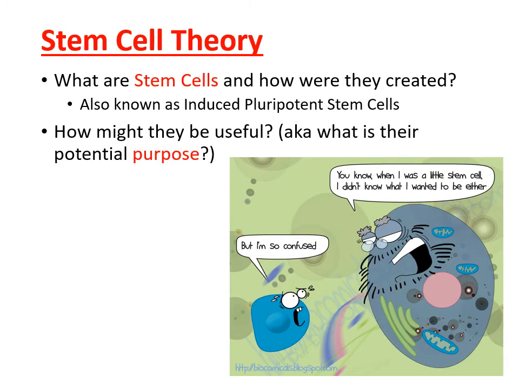Now that concept of commitment and determination and differentiating cells leads us to the idea of the stem cell theory. And ultimately what stem cells are, sometimes you hear them called induced pluripotent stem cells. These are cells that are undifferentiated, meaning they have not been committed or determined yet.